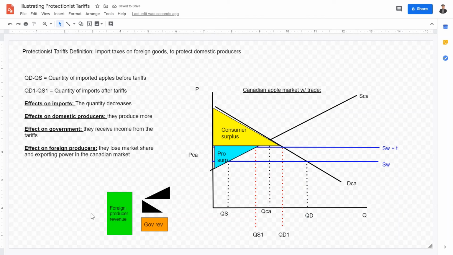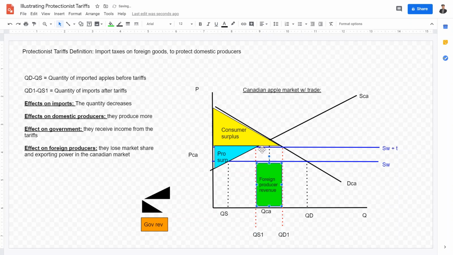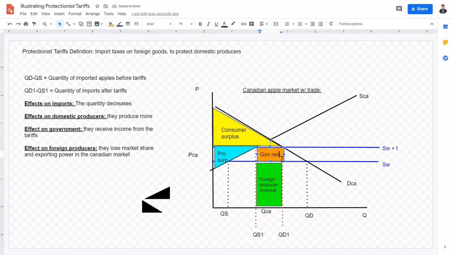Now, foreign producer revenue. Originally, before this tariff is enacted, this entire rectangle between QS and QD right here is foreign revenue. However, with the tax, foreign revenue has now decreased to between these two lines. Government revenue is this box right here, the difference between SW plus tax and SW. So that's the government revenue.